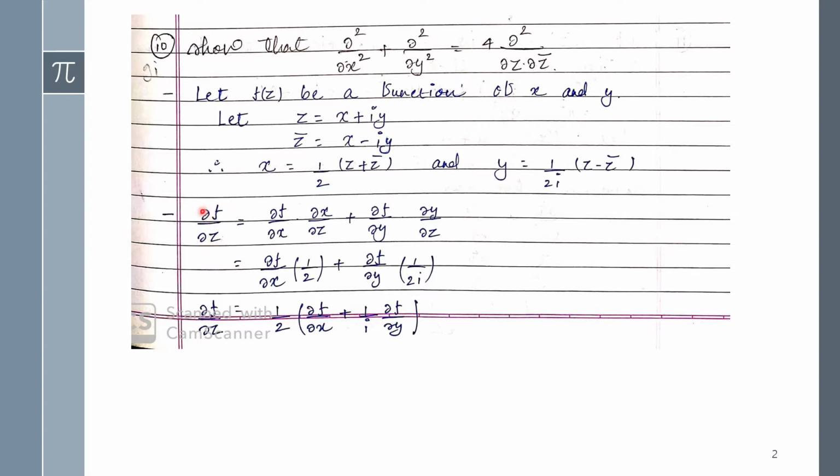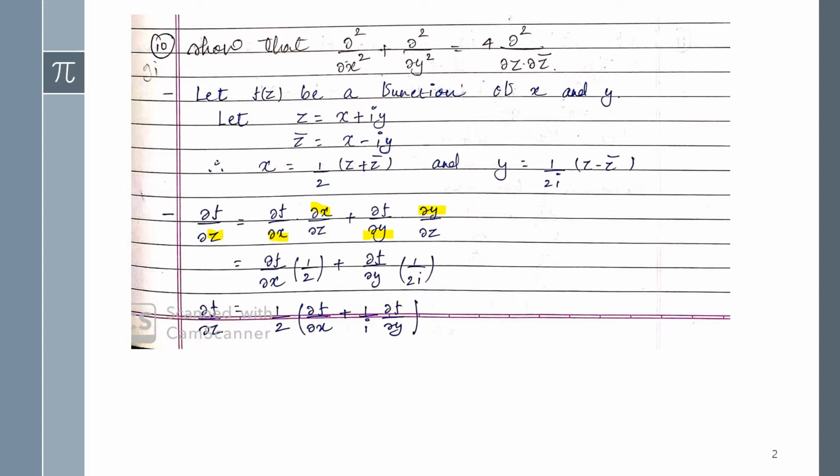Now ∂f/∂z, this one I'm writing in terms of x and y. So we can write ∂f/∂x into ∂x/∂z plus ∂f/∂y into ∂y/∂z. It means this z I'm writing in the form of x as well as in the form of y.